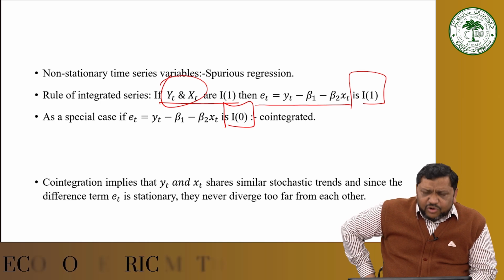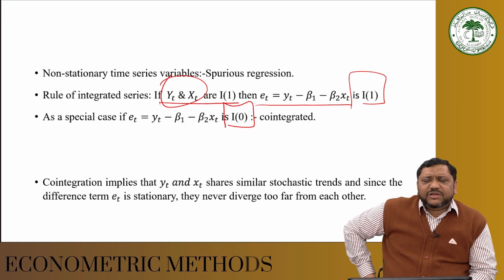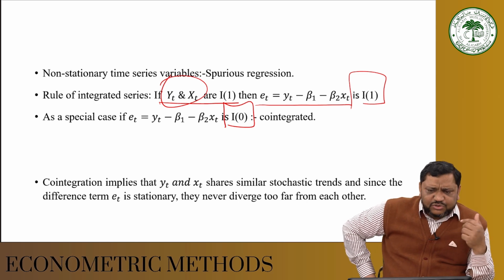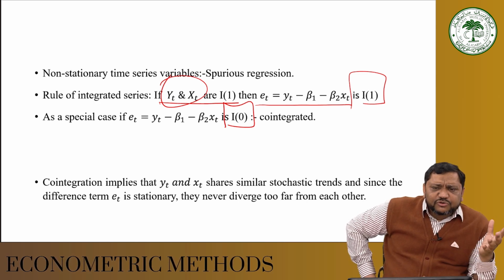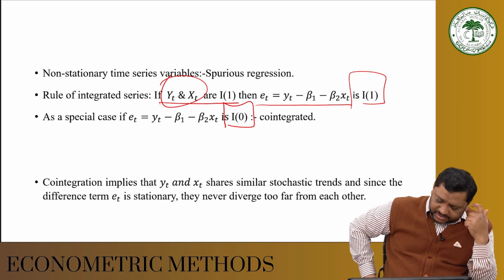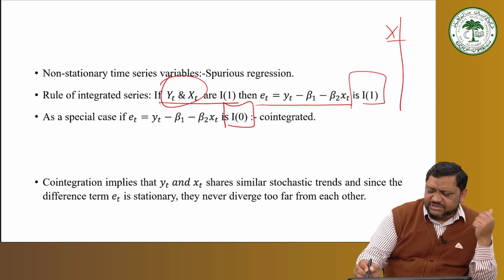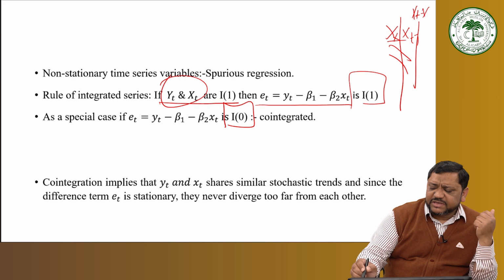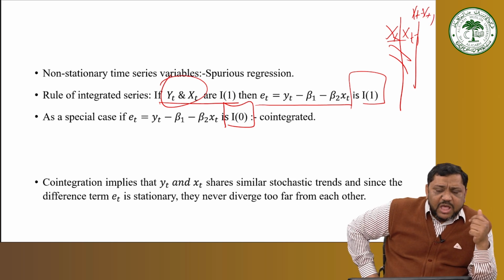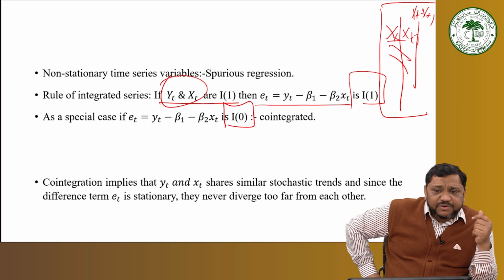Now, before the advent of the method of cointegration, the practice was that we used to make the process stationary by differencing. We have xt and then we take xt minus 1, that is, we take one lag. This was the generally accepted practice.